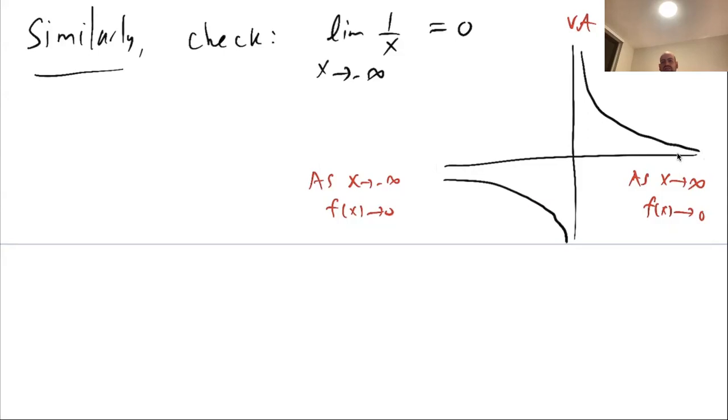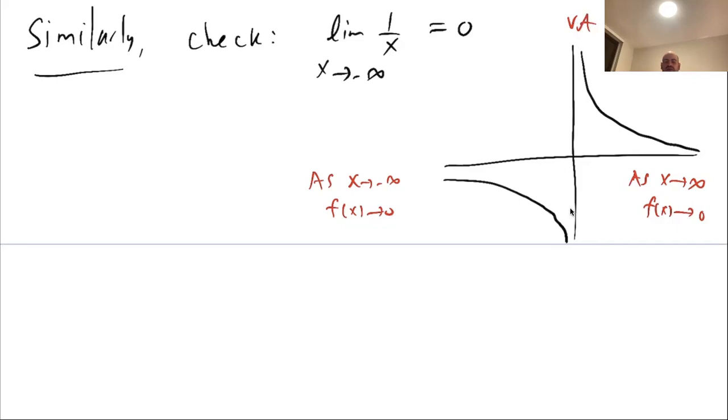And x equals 0 here is a vertical asymptote, meaning that if x values become very close to this line, then the y values, as we saw previously, if x approaches 0 from the right, y goes to infinity, meaning it becomes higher and higher.